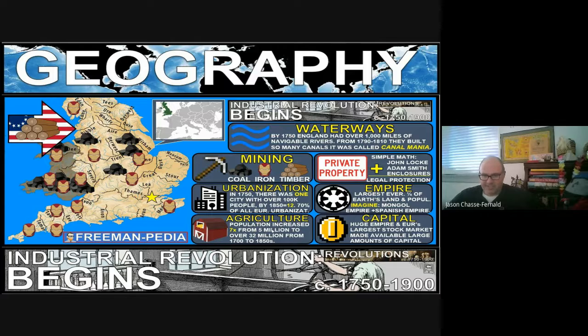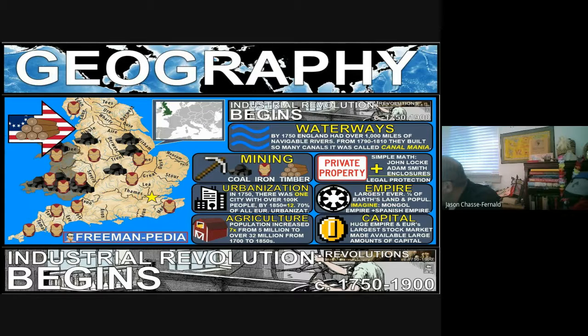Agriculture, population increased 7 times from 5 million to 32 million. So when we talk about this moment in time, there's a couple things happening here. This is what you would call a divergence. This is a divergence in history.